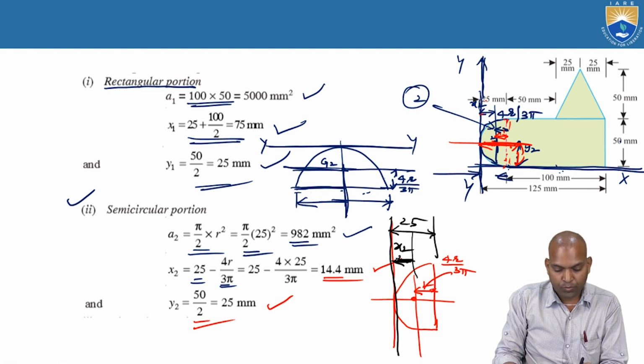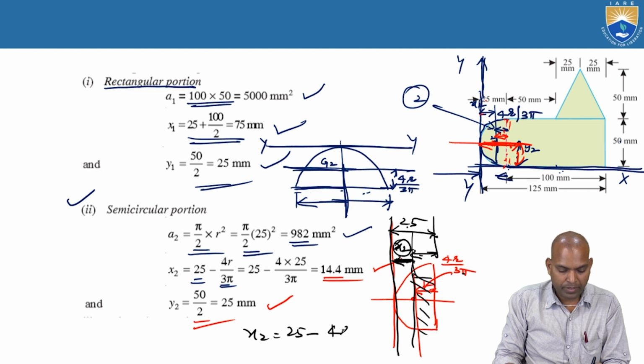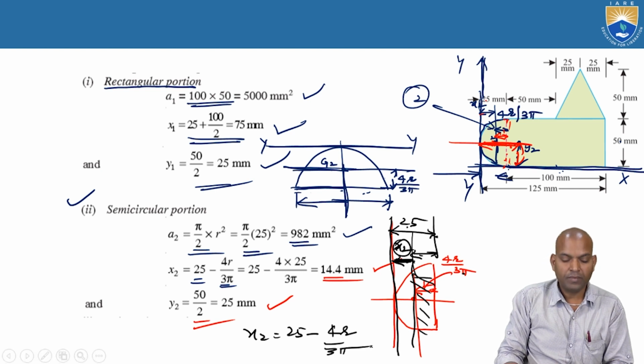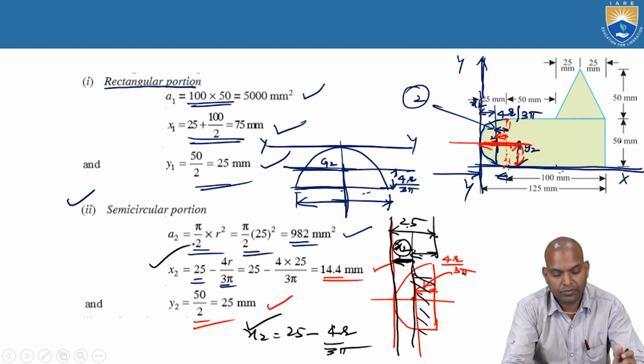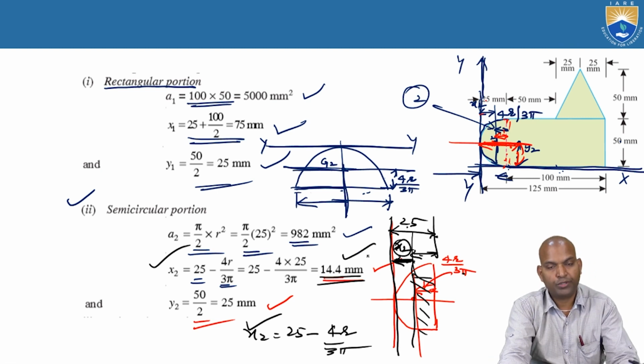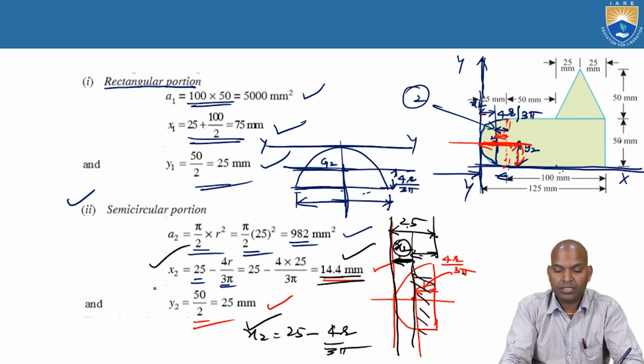So if we want the x2 portion, that means total 25 minus this portion, 4r by 3 pi. Then x2 equals 25 minus 4r by 3 pi, and you will get the x2 value: x2 equals 14.4 millimeters, and y2 equals 25 millimeters.